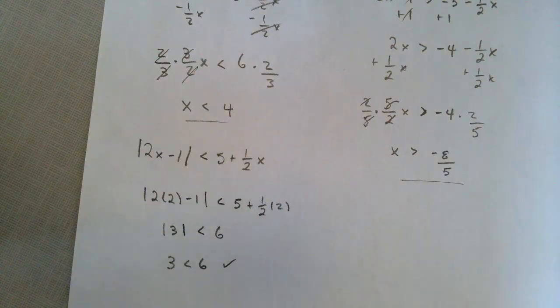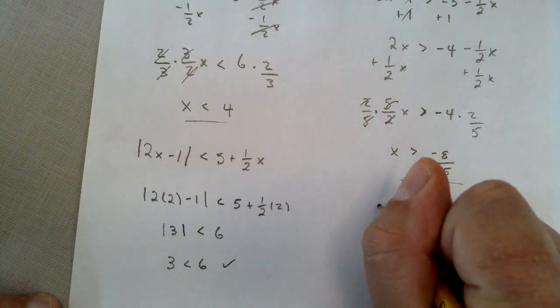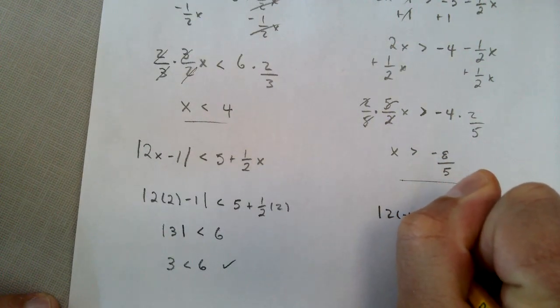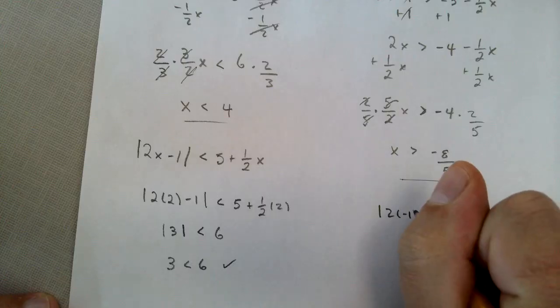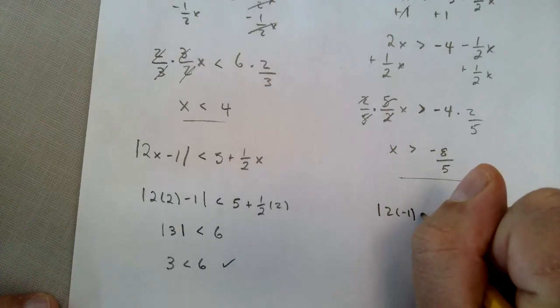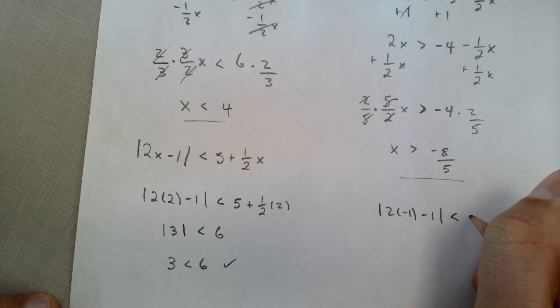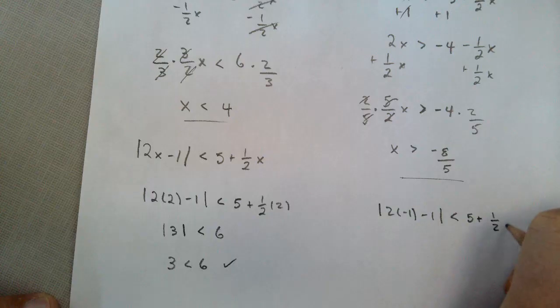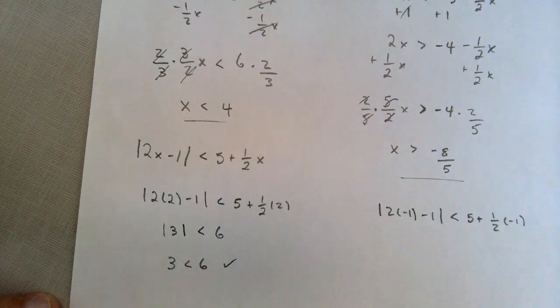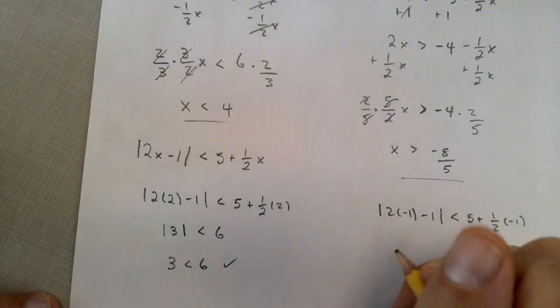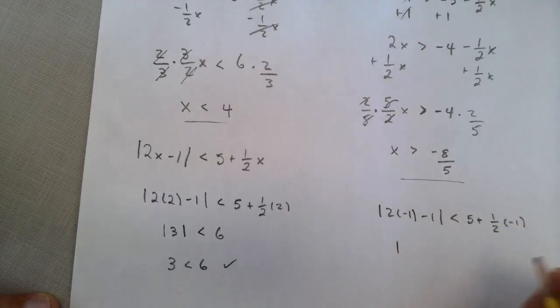All right, now we have to test it with a number that's greater than negative 8/5. I'm going to choose negative 1. So we have the absolute value of 2 times negative 1 minus 1 is less than 5 plus 1/2 times negative 1. So here, 2 times negative 1 is negative 2.